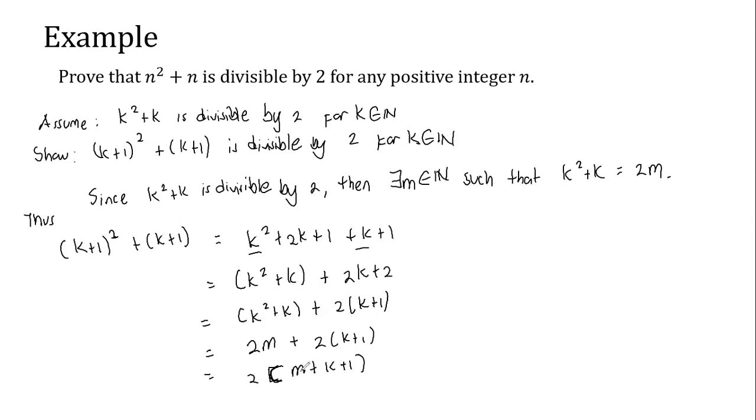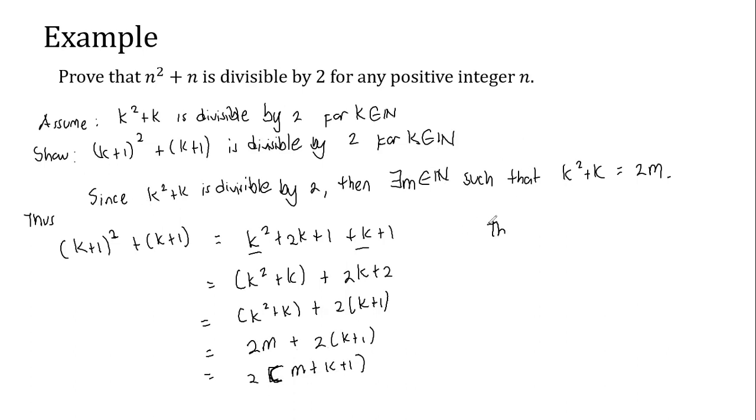So, sigurado tayo na ito ay integer or natural number because m is a natural number, k is a natural number, and 1 is of course natural number. So, pag pinag-add natin yung mga natural numbers, that is a natural number. And since it is multiplied by 2, then it is an even number. Okay. So, yun yung gusto nating mapakita, no?